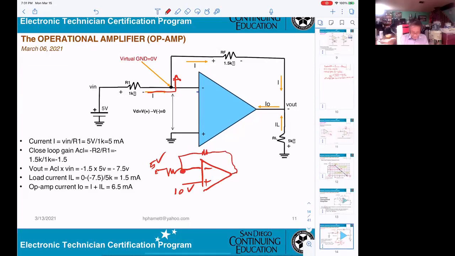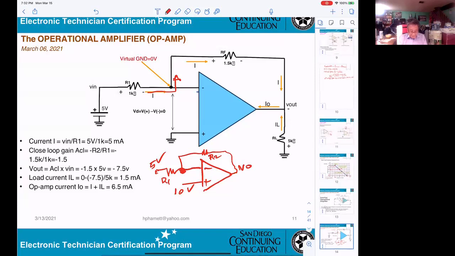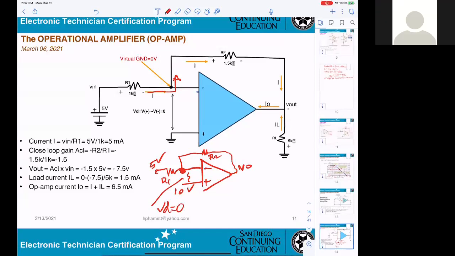Okay, so what different name? It's a differential amplifier. So now this is connected to the negative also, and we can say VD here will be 0. The virtual ground is at 10 volt.